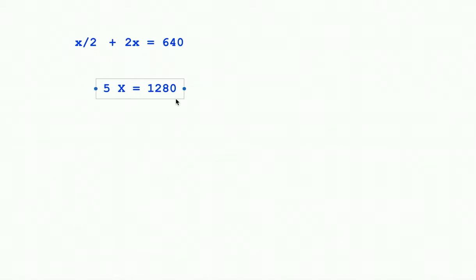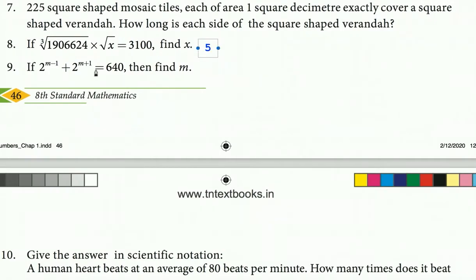Now 2 power m is 256. 256 is 2 power how much? 2 power 5 is 32. 2 power 6 is 64. 2 power 7 is 128. 2 power 8 is 256. So m is 8. Okay.